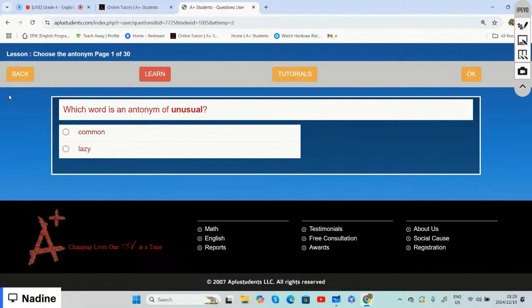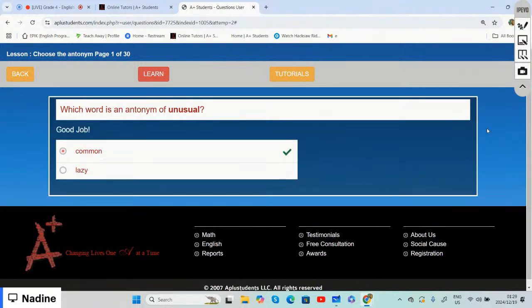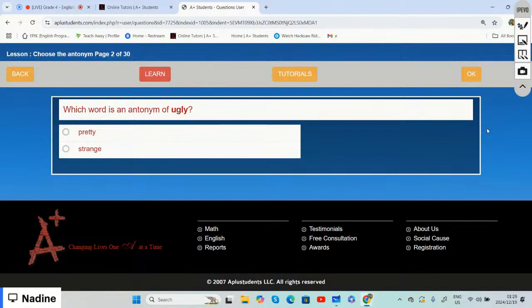All right. And if we were to identify the antonym of unusual, then yes, it is common. Well done. Common is correct.